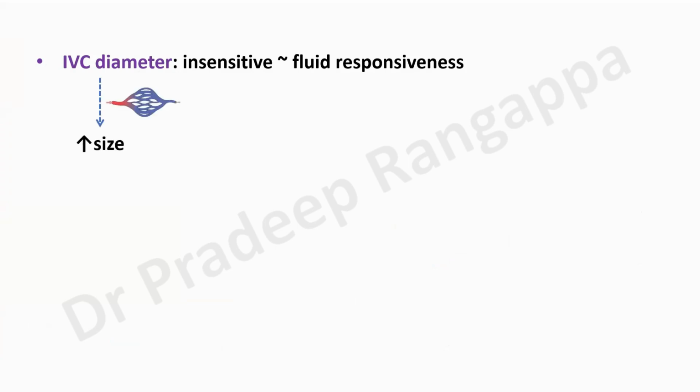If the IVC diameter is more than 2 centimeters, then we know there is venous congestion or CVP is high. So VExUS is a 4-step protocol where the first step is looking at the IVC. If IVC is more than 2 centimeters, only then can we proceed to step 2, step 3, and step 4, because we are looking for fluid congestion.